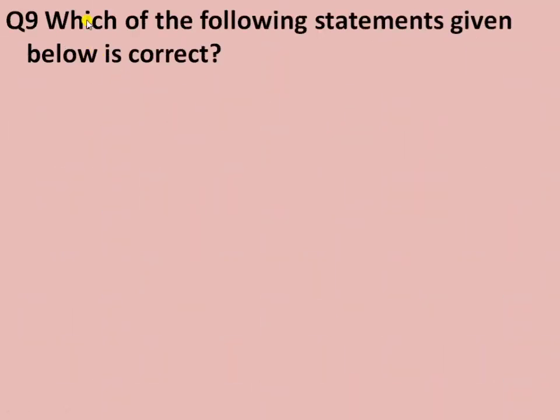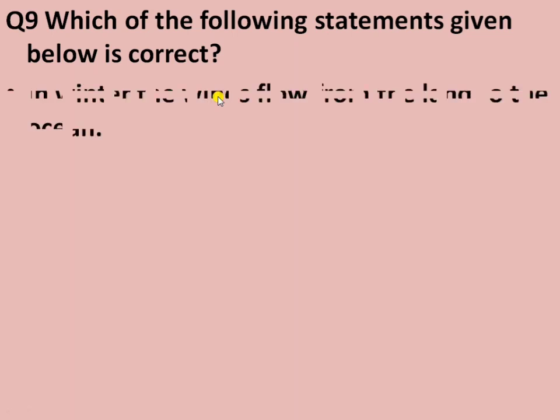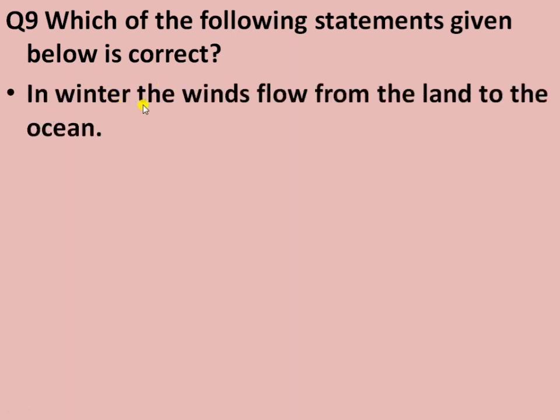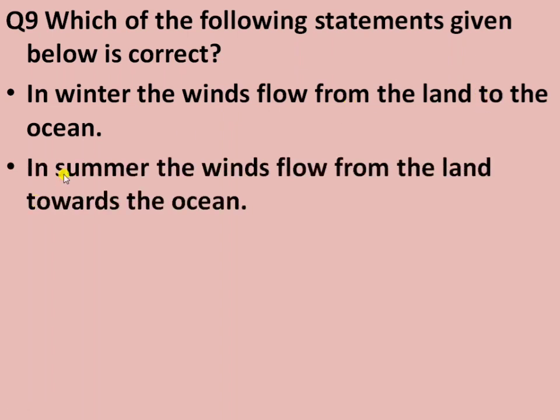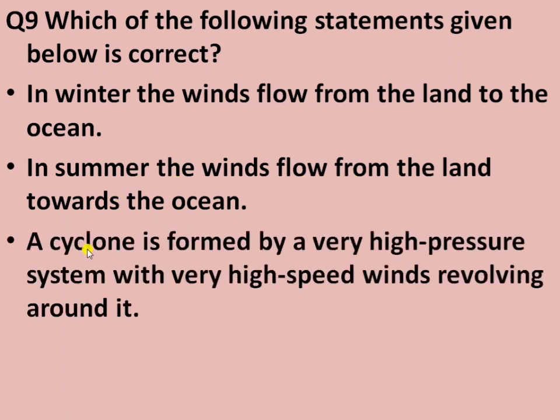Next is question number 9. Which of the following statements given below is correct? The first option is, in winter the winds flow from land to the ocean. Second one is, in summers the winds flow from the land toward the ocean. Or a cyclone is formed by a very high pressure system with very high speed winds revolving around it.